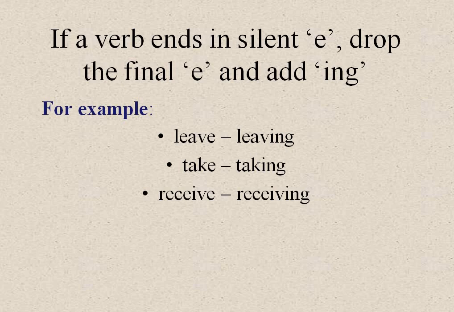So receiving means someone can give you a gift and you receive it. Someone can give you a birthday party gift and you receive it. A parent can give you a prize for having passed the exam. So all of that is by receiving. So the verb changes from receive to receiving, which is continuous.